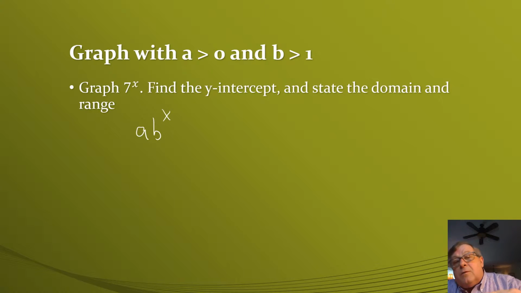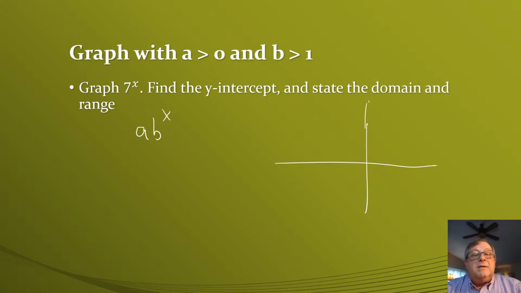But let me just give you a crude graph, and we're going to go to the graphing calculator and actually graph this 7 raised to the power of x in just a moment. An exponential function in its parent form, where the base is greater than 1, and that's the example we're looking at here, b standing for base. Actually, in this case, where we've got 7 raised to the power of x, a is equal to 1.